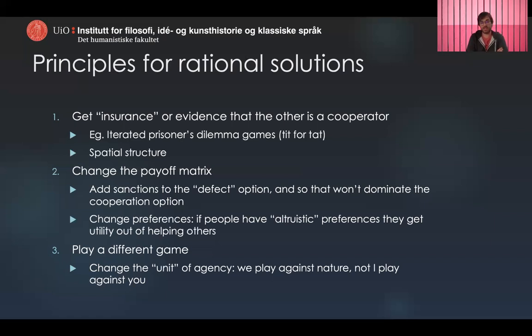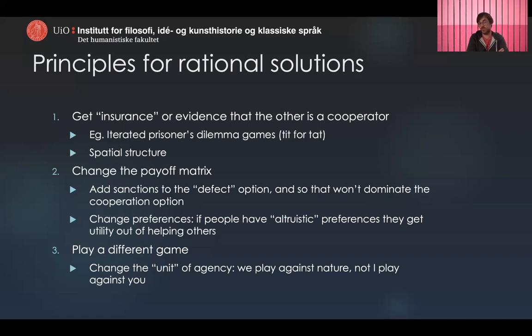If you add sanctions to the defect option, then the defect option won't dominate the cooperation option anymore.